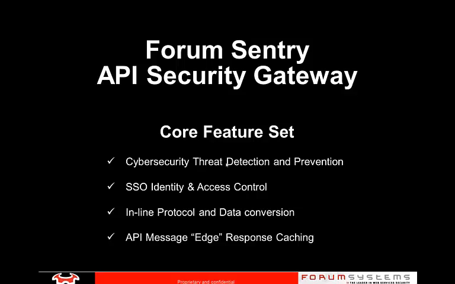SSO, identity and access control: a fundamental core feature set of the gateway that provides all those complex identity formats, single sign-on, session management, and access control directly out of the box as policy management artifacts. Protocol and data conversion is a fundamental core feature of the API security gateway.